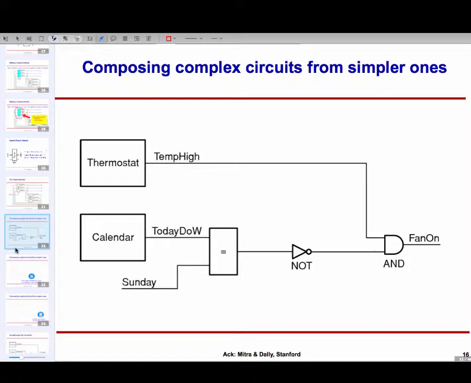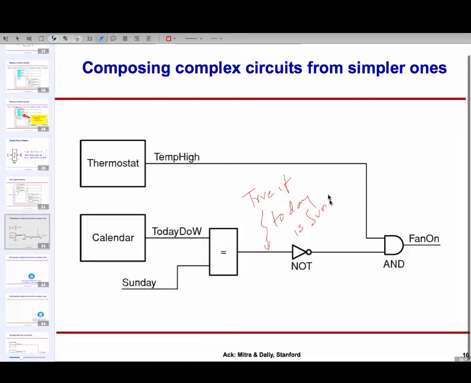So this one is saying true if today is Sunday, and this one is saying true if today is not Sunday.